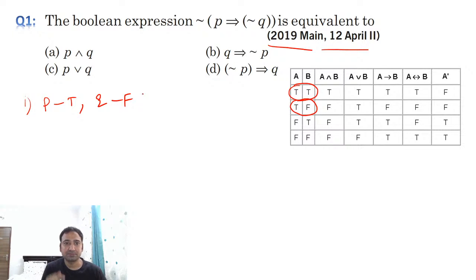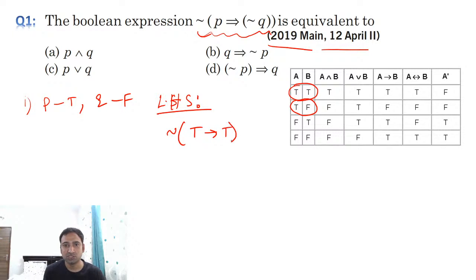First let's calculate the left hand side, which is the given expression: negation of P, which is true, implies negation of Q. Negation of Q is true. So true implies true, which is true, guys.